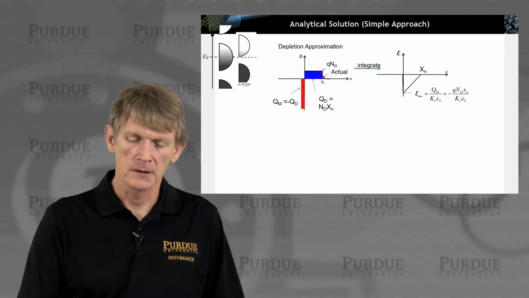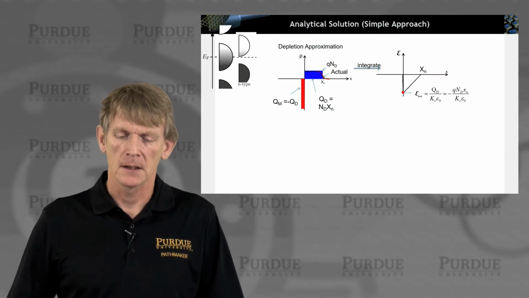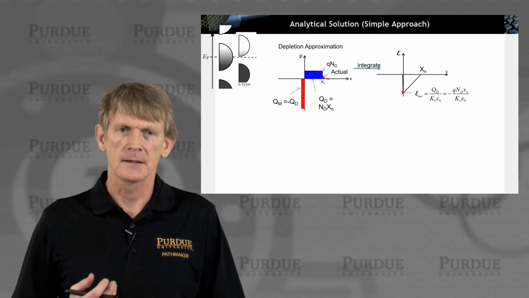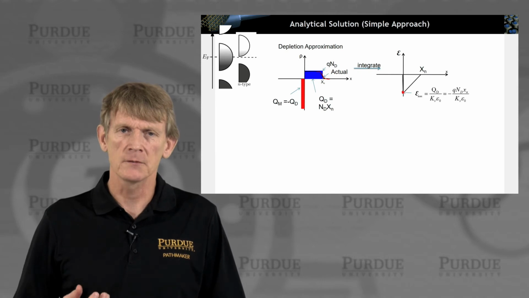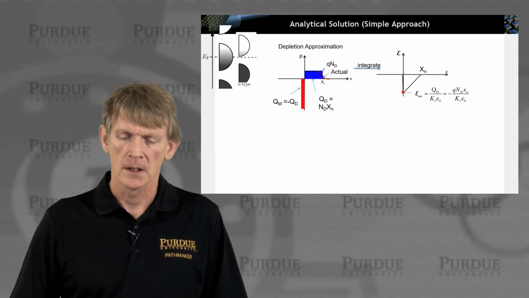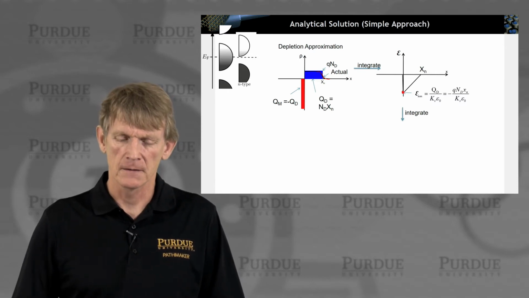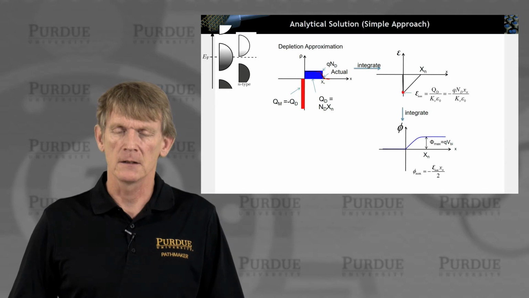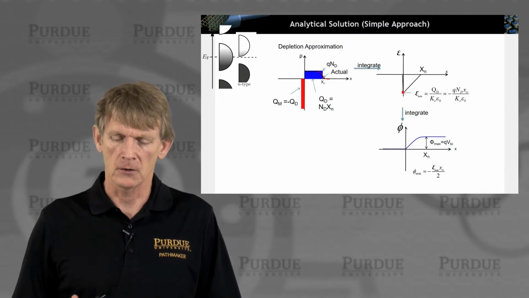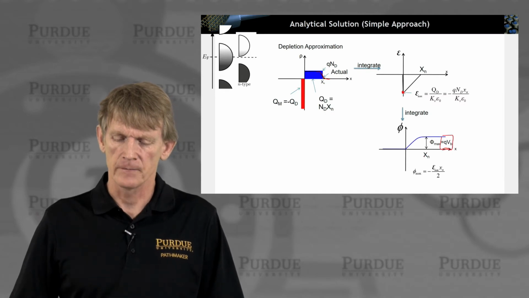And we figure out that there's a maximum field, and remember that at this interface, the displacement field needs to be continuous, not the electric field. And we integrate the electric fields in the structure and get to the electrostatic potential that we can then translate overall in the device, and we end up here with a built-in potential.